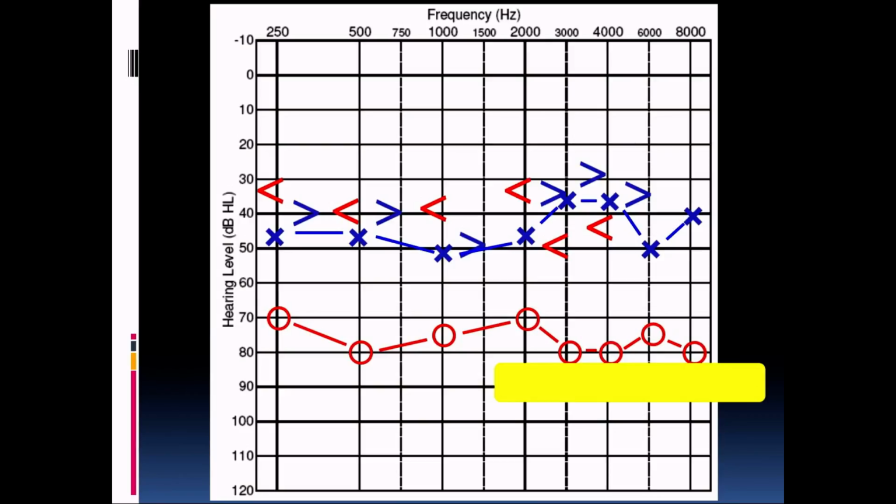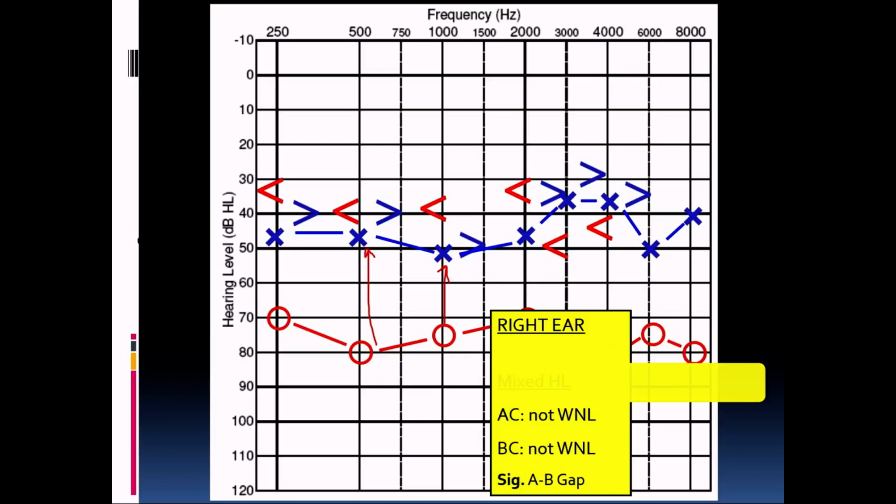They have this conductive component that when it's treated, if the cerumen's removed, if the ear infection goes away, these right ear thresholds are going to probably go back up. The conductive hearing loss is going to disappear, and the thresholds will go back up and be part of this group very close to the bone conduction thresholds.